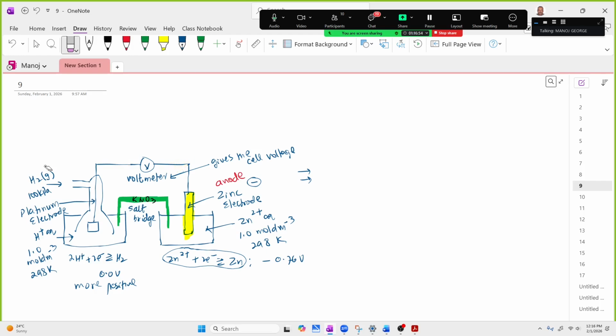I'm giving you another situation. I'm just trying to save some time here. So I have a very similar diagram. Okay, and this time I'm using copper electrode.